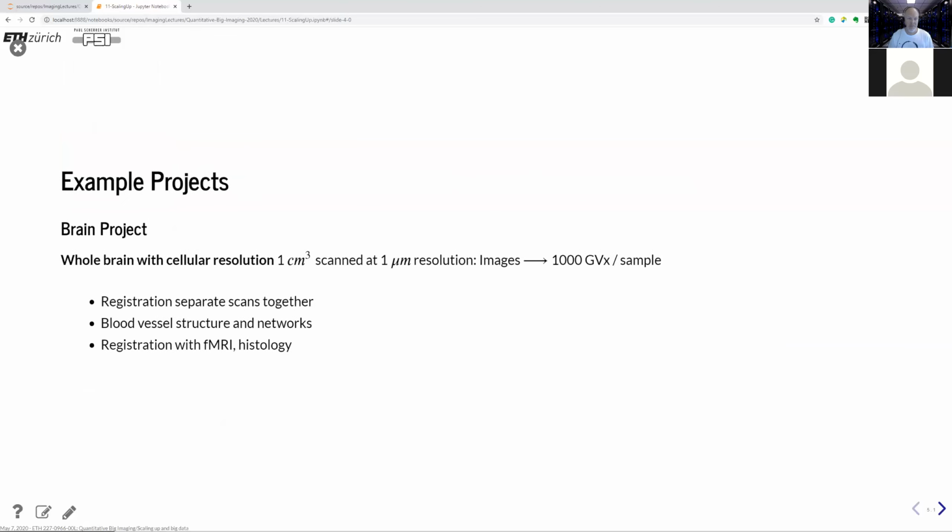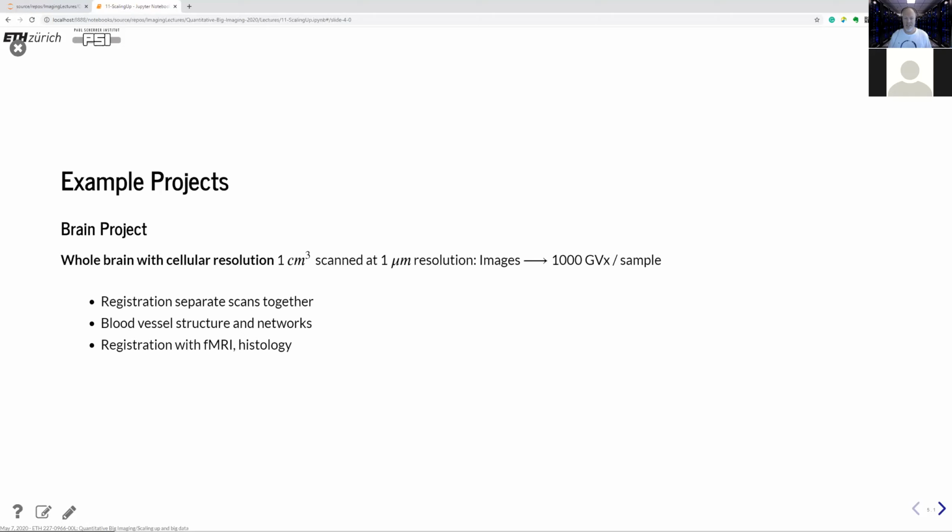Another project is the brain project. Also here, the brain in an experiment was scanned at cellular resolution. 1 cubic meter at 1 micron produces 1,000 gigavoxels per sample. That's also a huge amount of data. Here it's also about registration of separate scans and making sure that they are connected.